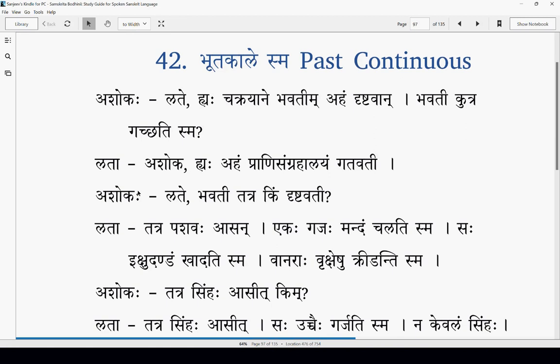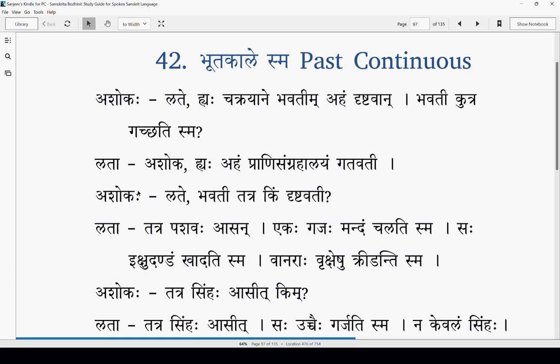Here, again, bhuta krudanta means drishtavan, I saw you, I had seen you. Bhavati kutra gacchati sma. Now this is the change here. He wants to ask, where were you going yesterday?